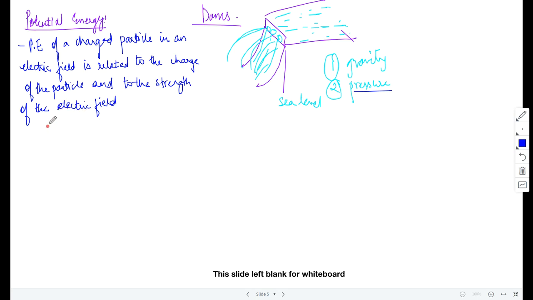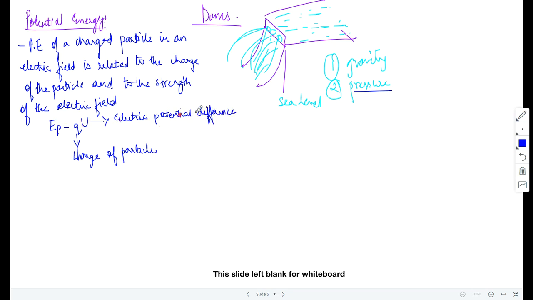And here we have an equation of how it is expressed. Potential energy is equal to QU. Now EP is the potential energy, Q is the charge of the particle, and U is the electrical potential difference.